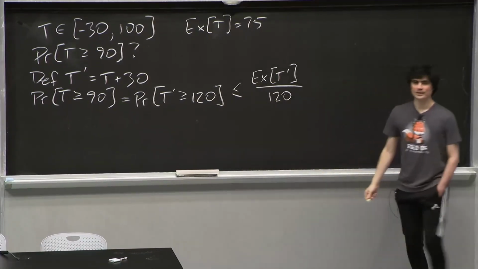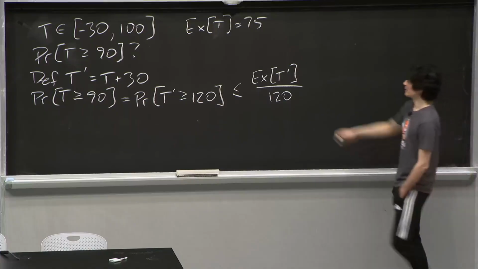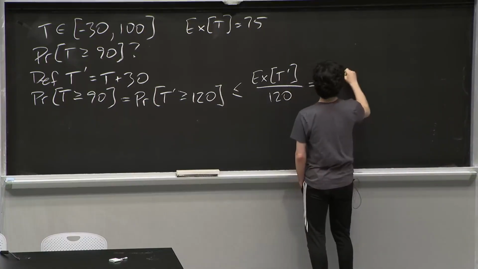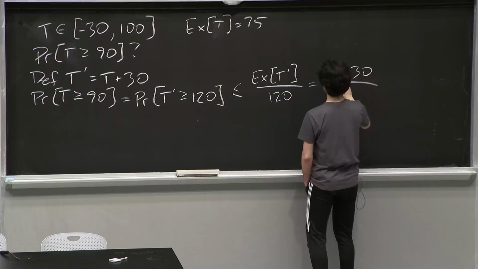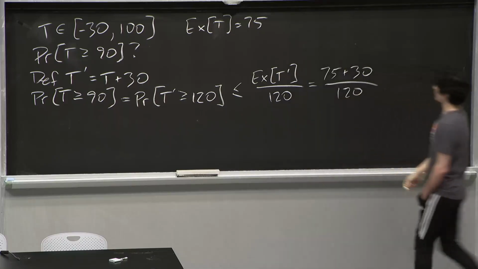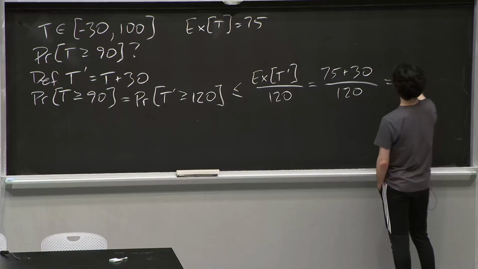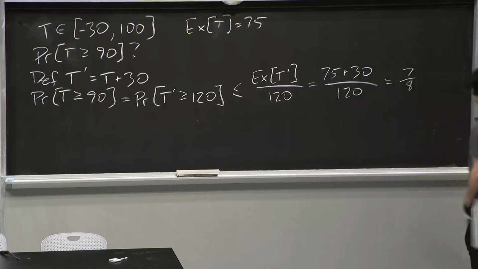Same deal as before. Linearity here gives us 75 plus 30 over 120. 105 over 120, that's 7/8? Is that right?